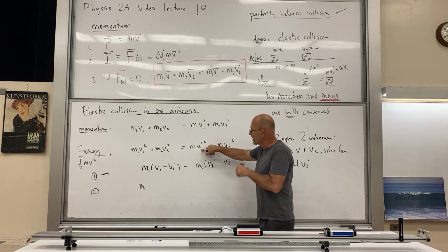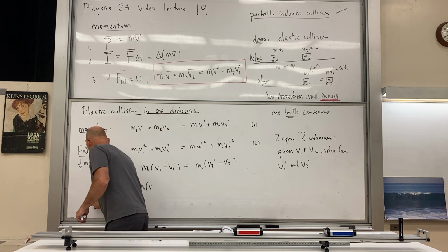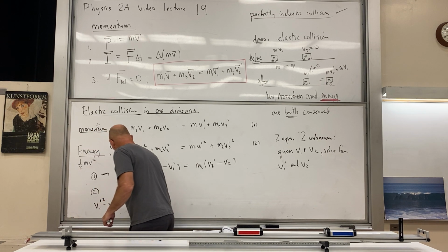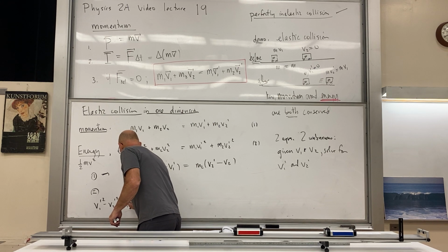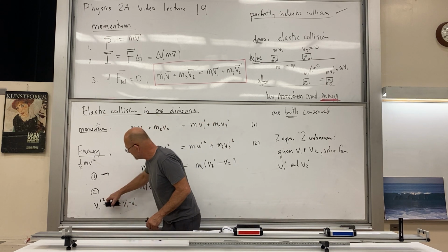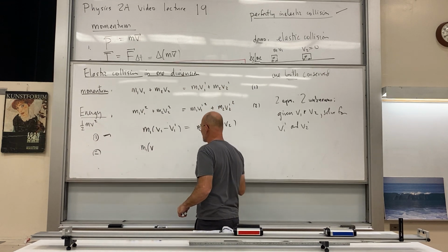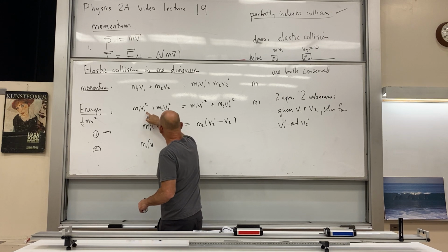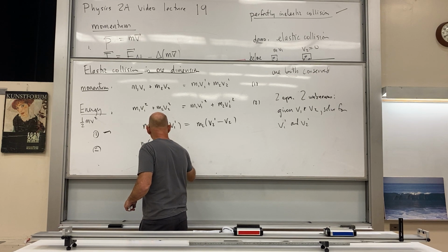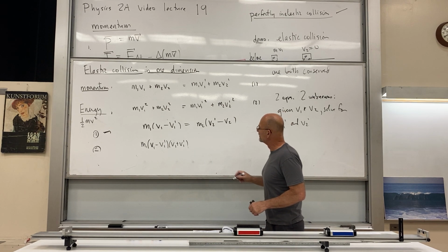Okay. But I'm going to factor that as follows right away. Better I just write it down first and then explain it. So I've got v1 squared minus v1 prime squared, and that's going to be (v1 minus v1 prime)(v1 plus v1 prime). Okay, the difference of squares factors that way.